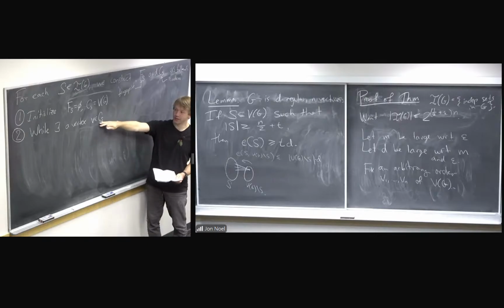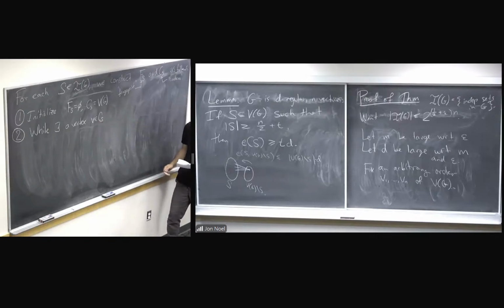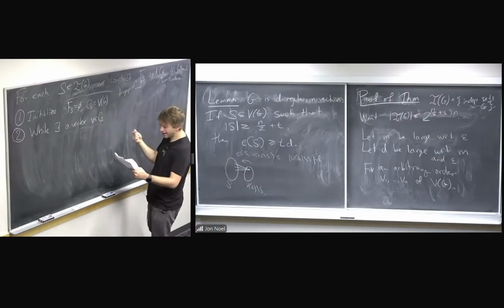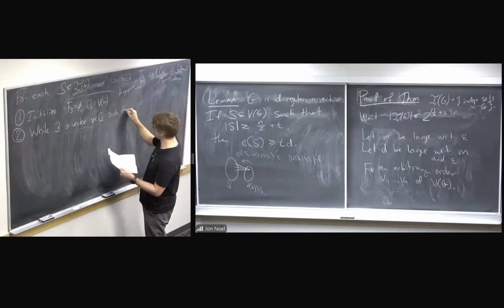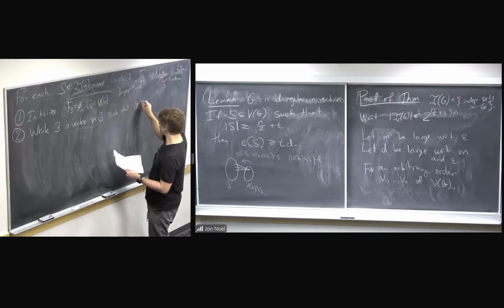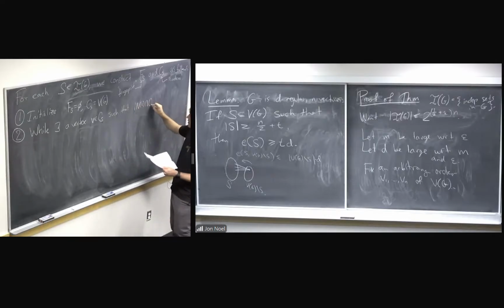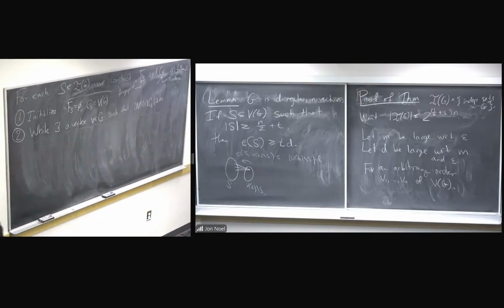So while there's something in there such that it has at least m neighbors in the container, where m is this mysterious parameter we picked at the beginning, and we'll talk about it more later, how big it has to be.